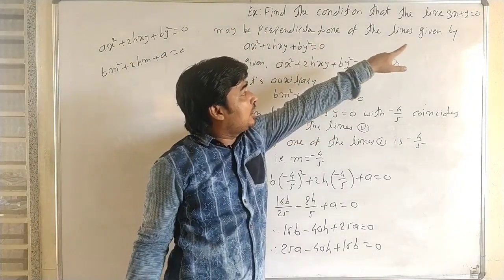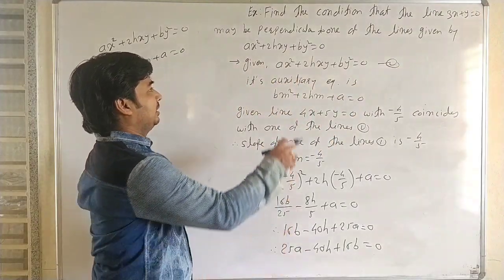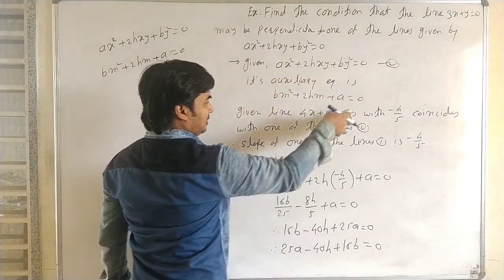Now 3x plus y is perpendicular to one of the lines. Then it is a given equation, and it has an auxiliary equation.